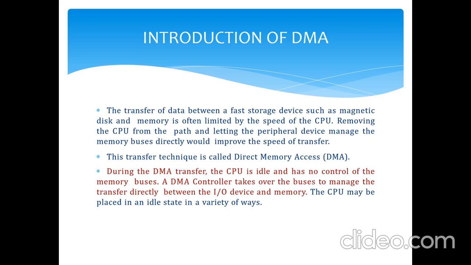During the DMA transfer, the CPU is idle and has no control of the memory bus. The DMA controller takes over the buses to manage the transfer directly between the input and output devices and memory.